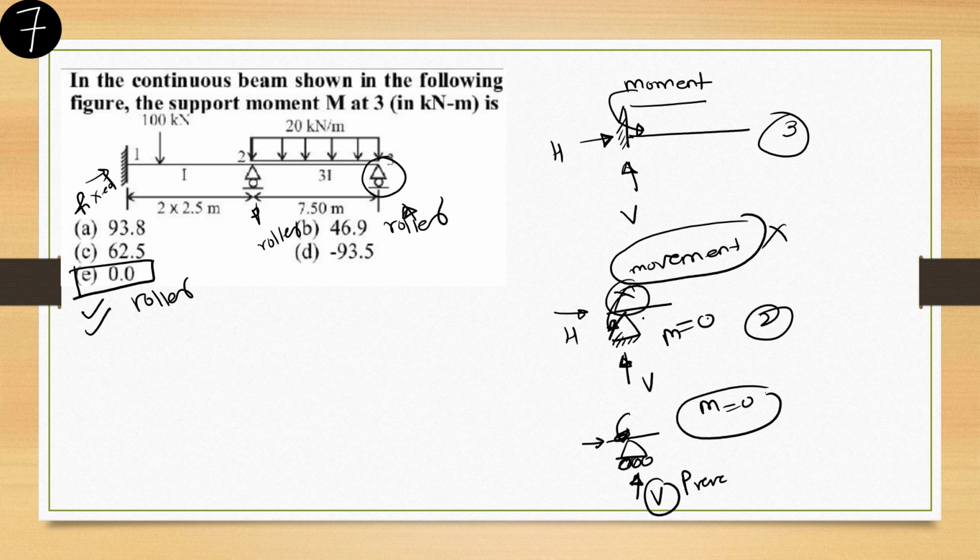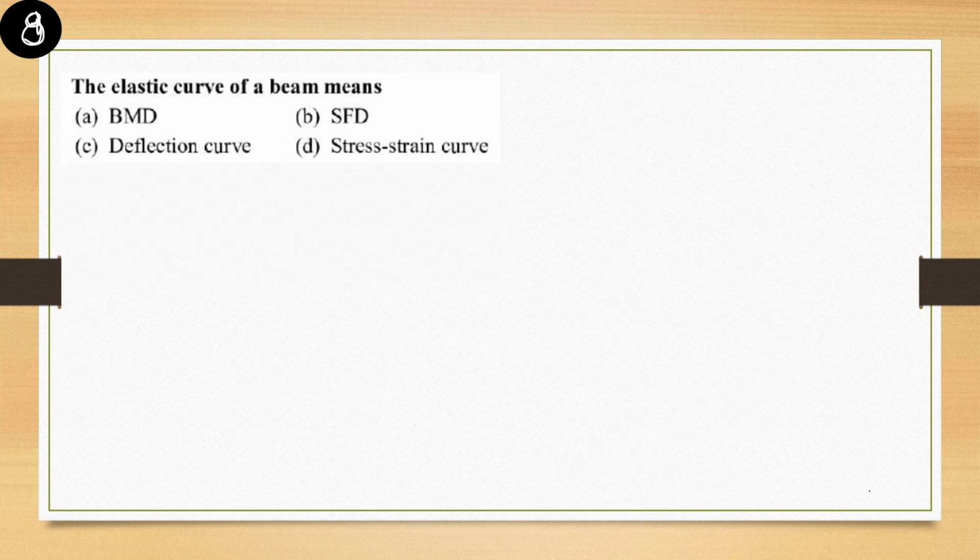Then we'll see the next question, question number 8: the elastic curve of a beam means? In case of a beam, there are terms like bending moment, shear force diagram, and stress strain curve.